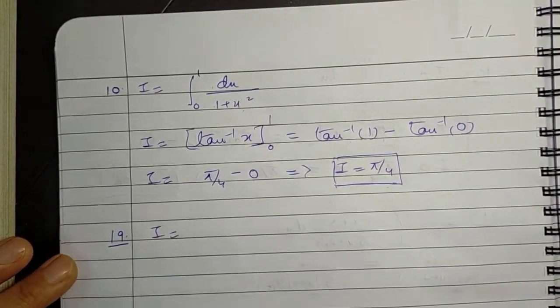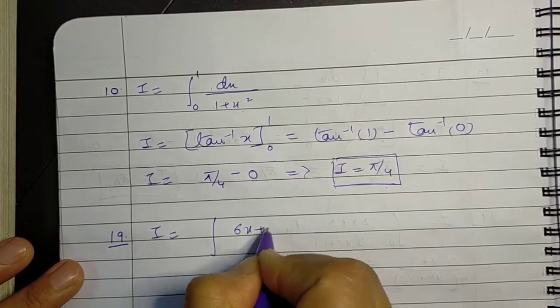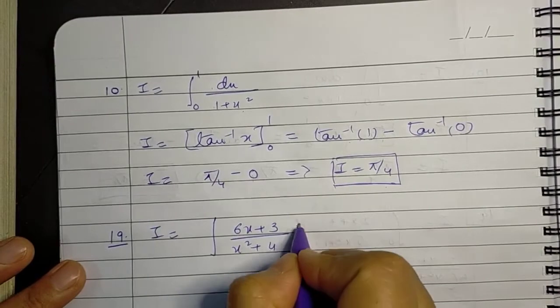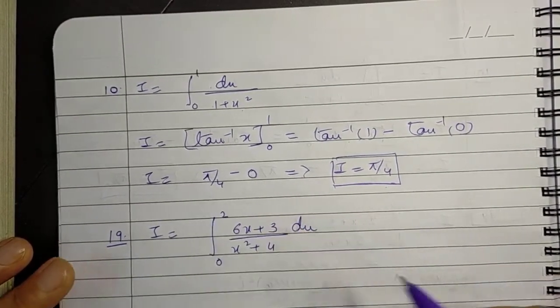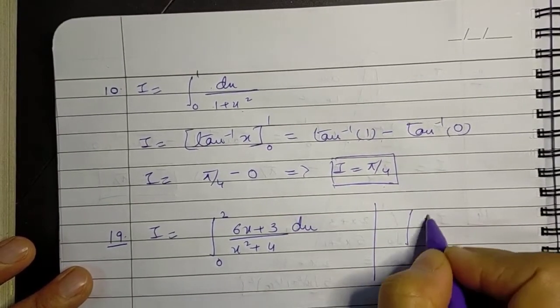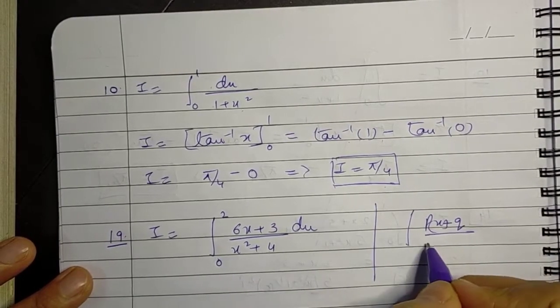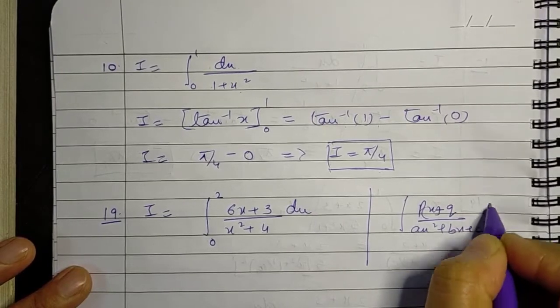So what we have in question number 19 is the integral of 6x plus 3 whole upon x squared plus 4 into dx from x equal to 0 to 2. As we can clearly see, it is a function of the kind px plus q over ax squared plus bx plus c dx.